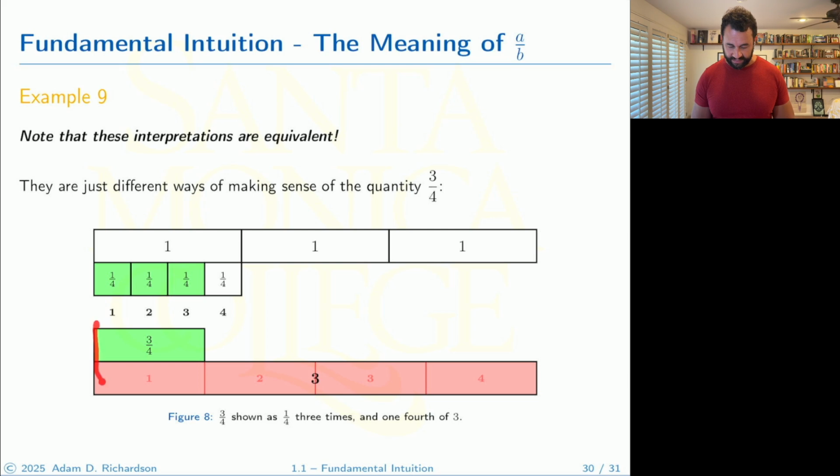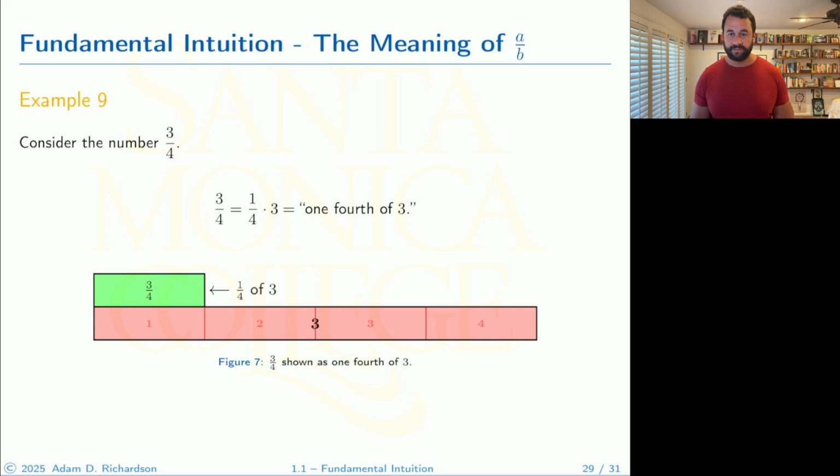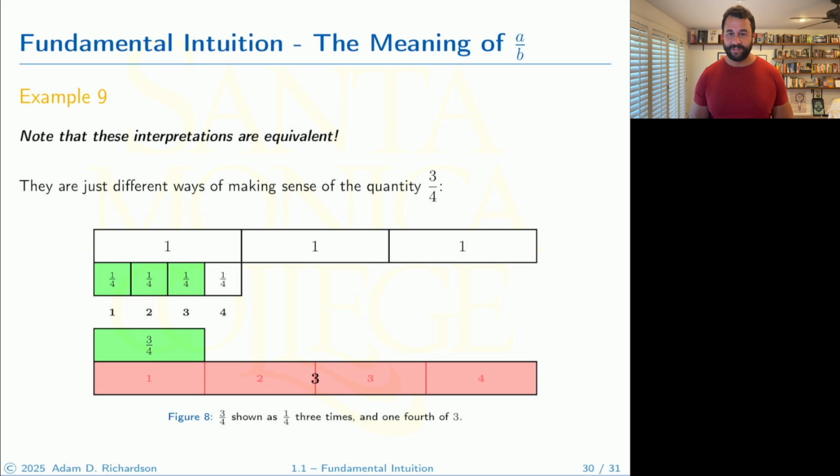But this is exactly the same picture we had from the previous slide. See it? Cool, huh? There we go. This kind of flexibility is extremely helpful when you're doing math, because when these numbers get even more complicated, these interpretations still hold, right? They still hold, and you can use them in really intuitive ways.